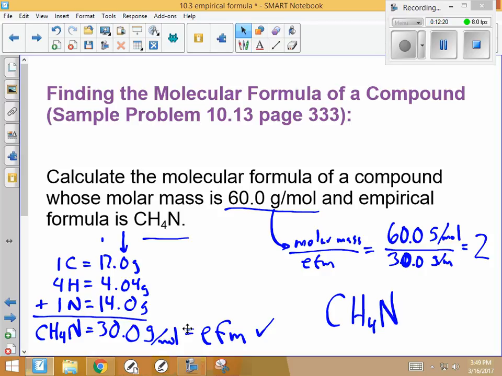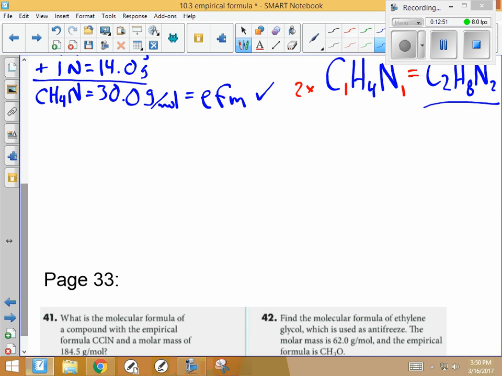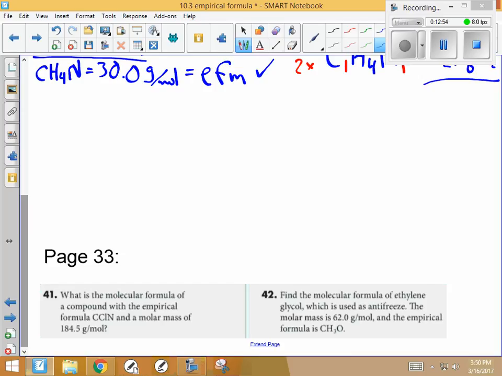When I multiply 2 times all these subscripts, remember there are invisible subscripts there, I'm going to get C2H8N2, and that is the molecular formula of this compound. Okay? Now that you've seen that, you should be able to work numbers 41 and 42 on page 333.